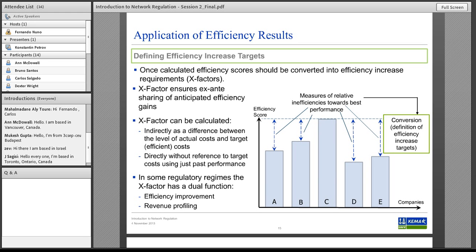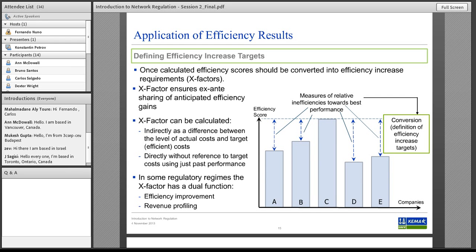In this case, we can also look at the analysis of inefficiency, and then at the end we can set X factors. In this case, the X factors can be used to profile the allowed revenue, starting from one position and going to another one, which is perceived by the regulator as the most efficient position.